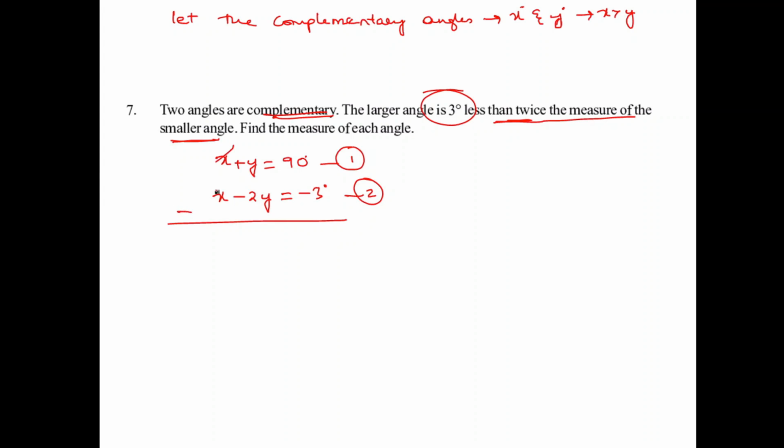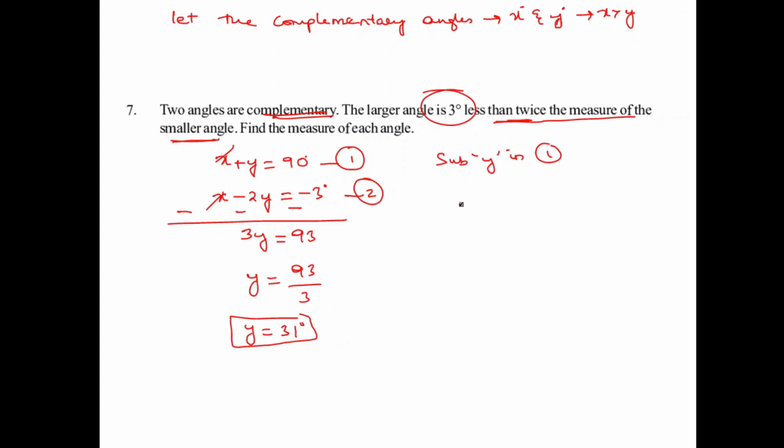When I subtract, x is removed and I get 3y equals 93, so y is 93 by 3, which is 31 degrees. Now I substitute y in equation number 1 to find x. So x plus 31 is equal to 90 degrees.